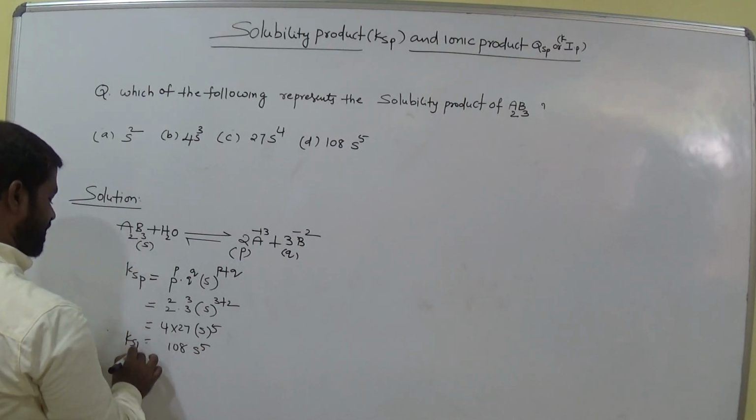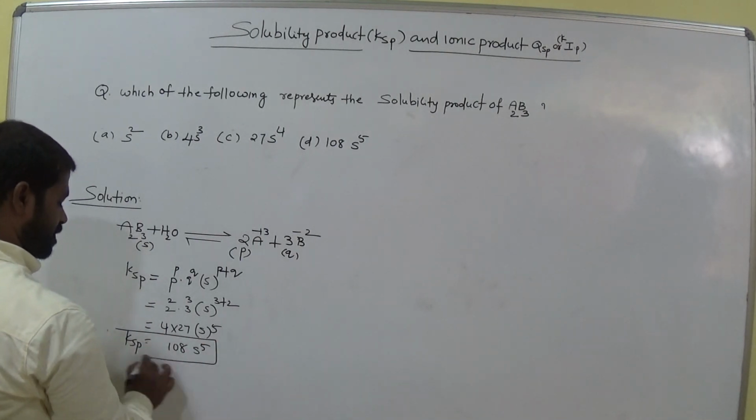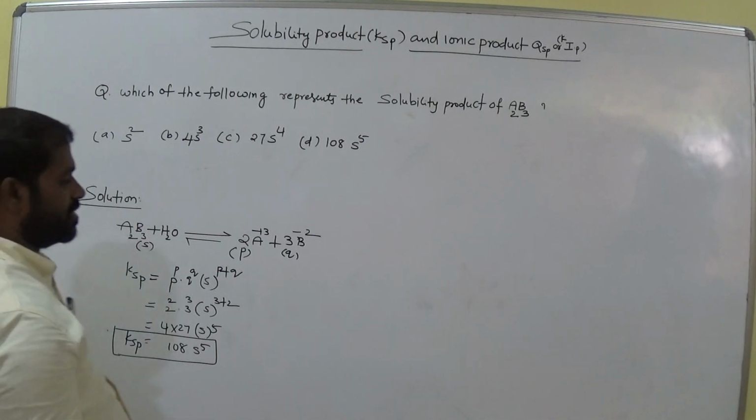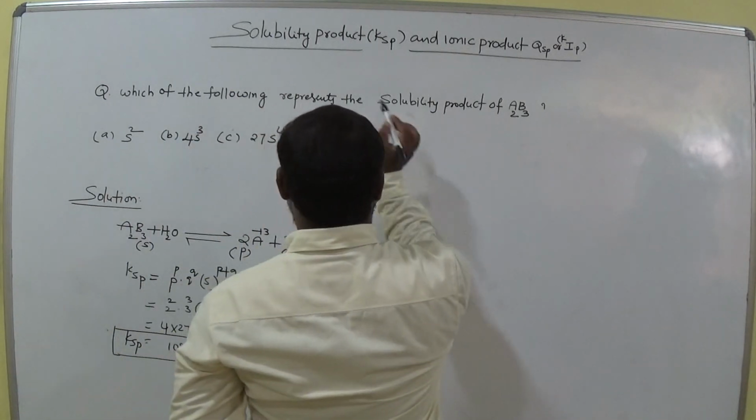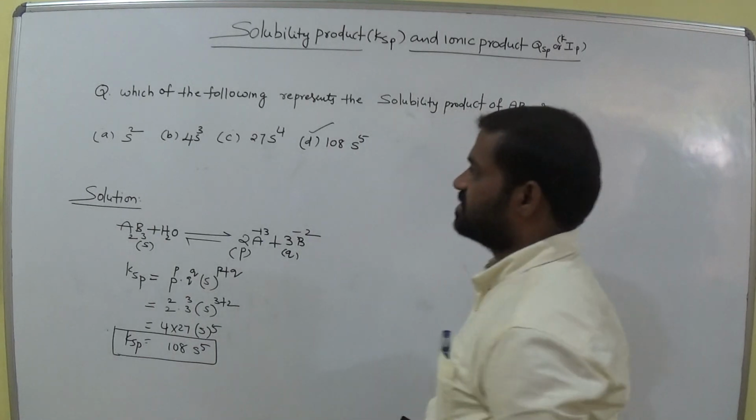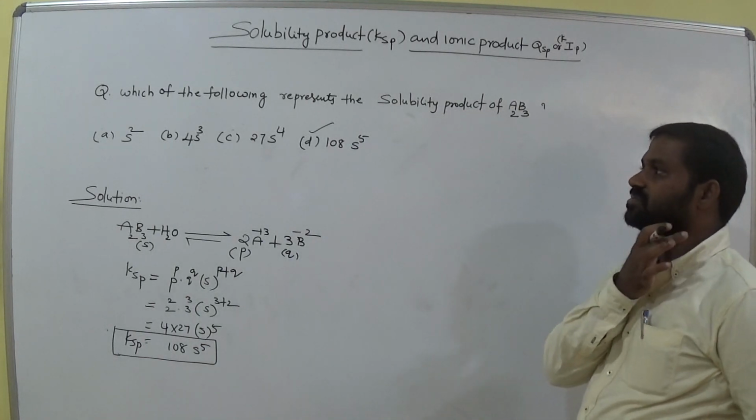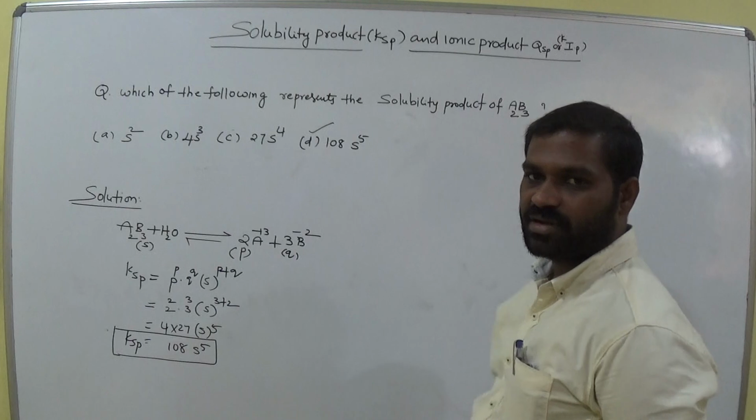This is KSP. Now which one is the correct one? Option D is the correct one in this case. Solubility product, KSP value.